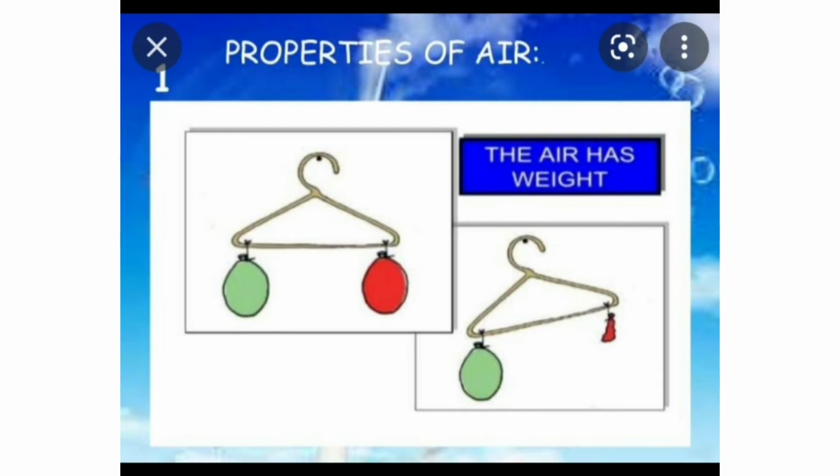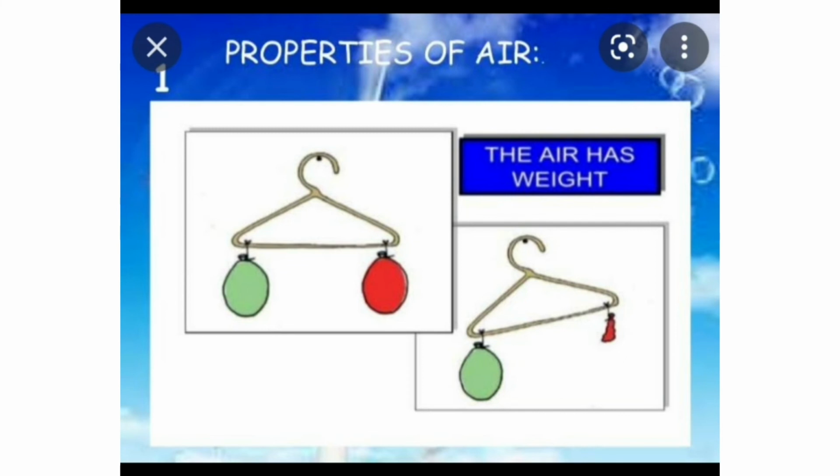Okay, the next step is, you have to take one needle. You can do this activity in your house, but be careful with the needle. So you have to prick one balloon with this needle. After pricking it, you will observe that the air will escape from that balloon, it will burst, and the meter scale will tilt towards the inflated balloon.